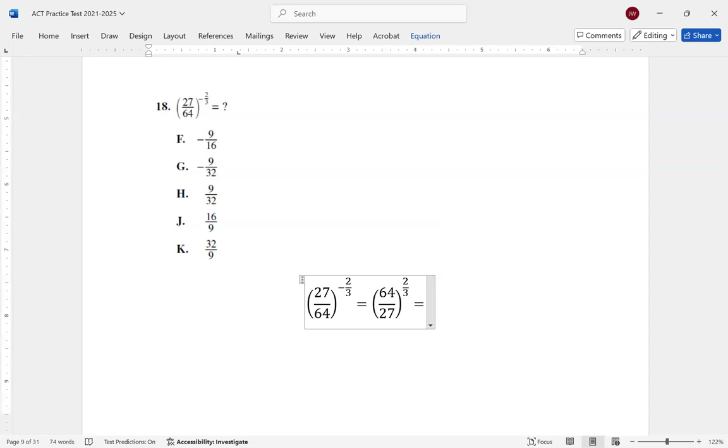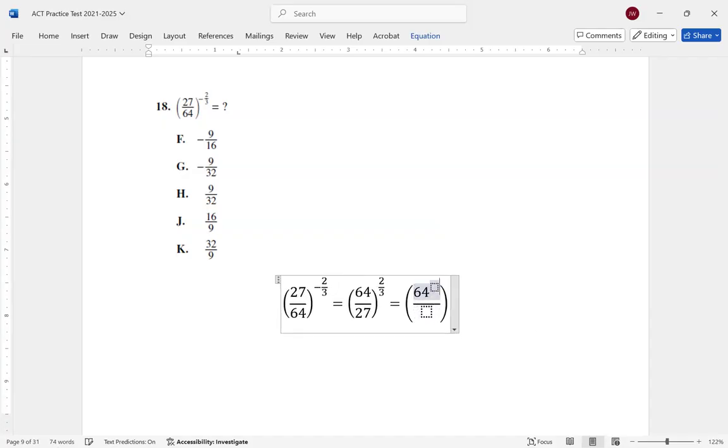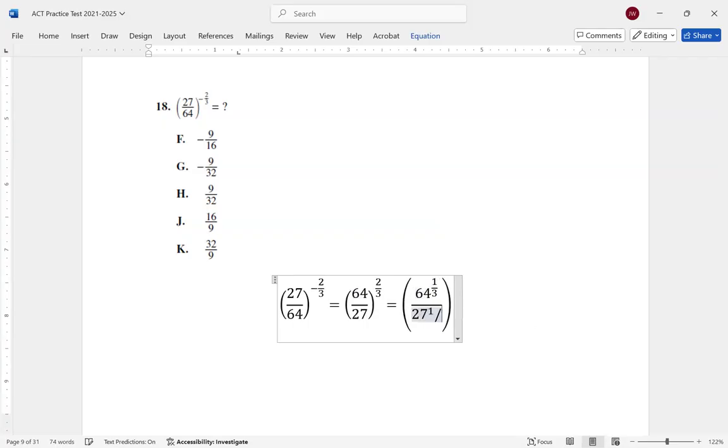Now, I'm going to take the 1/3 power part on each of my numerator and denominator. So I'm going to take 64 to the 1/3 power, and then 27 to the 1/3 power. Again, this is what I would do if I didn't have a calculator. I'd probably just plug it in if I did have access to one.